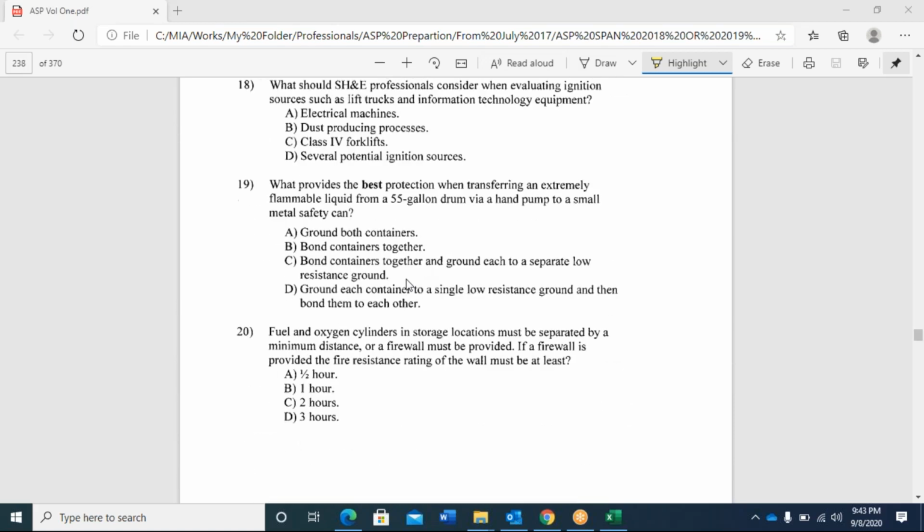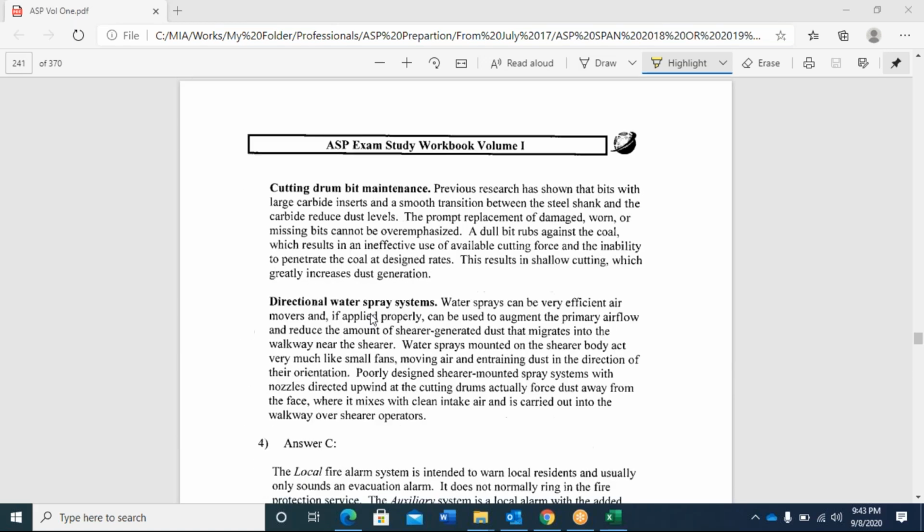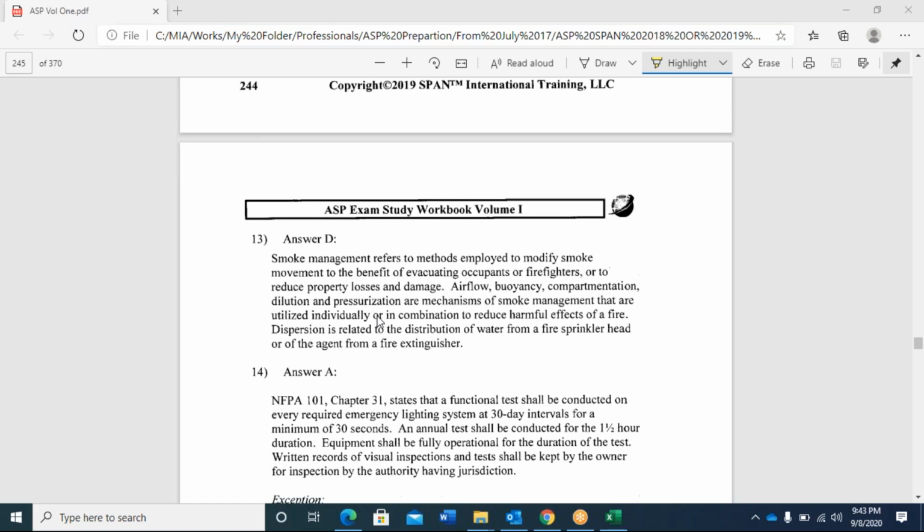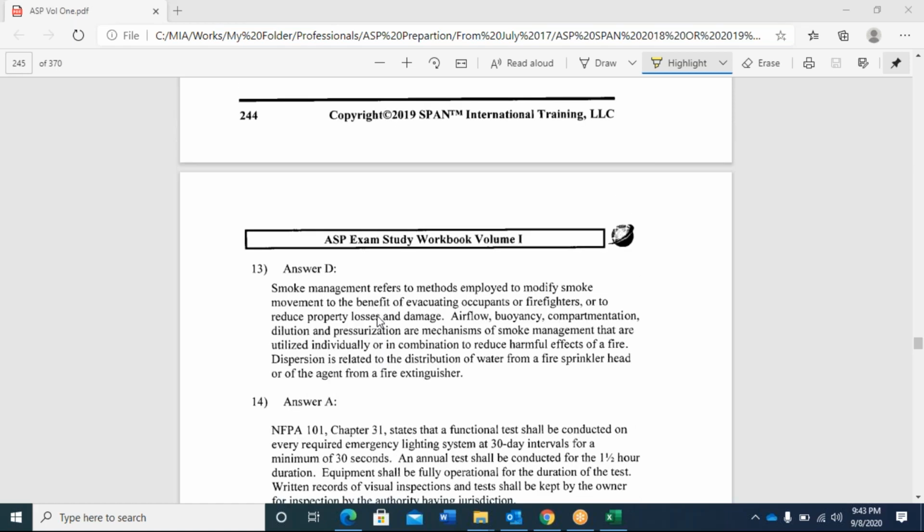I think it's buoyancy, but we need clarification of the question. Okay, it's very clear.